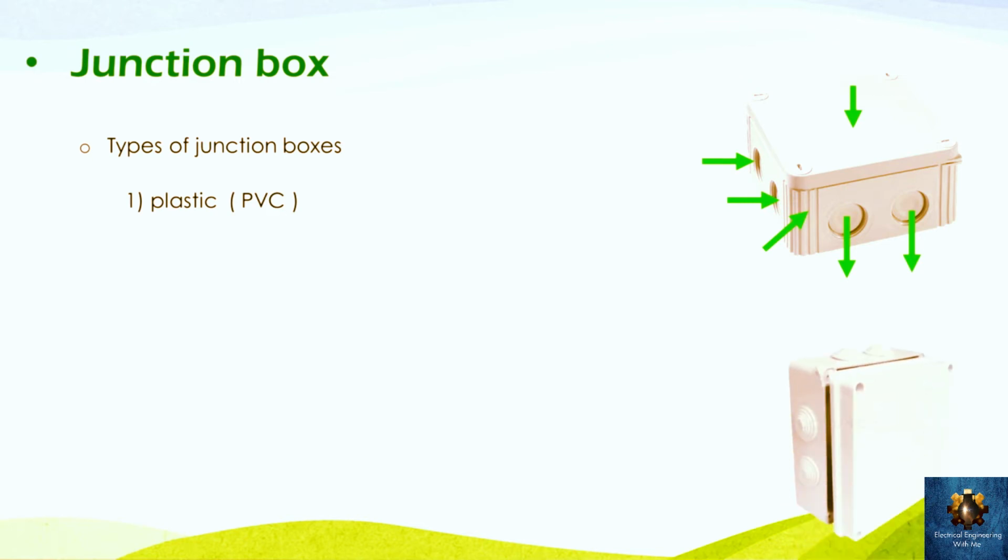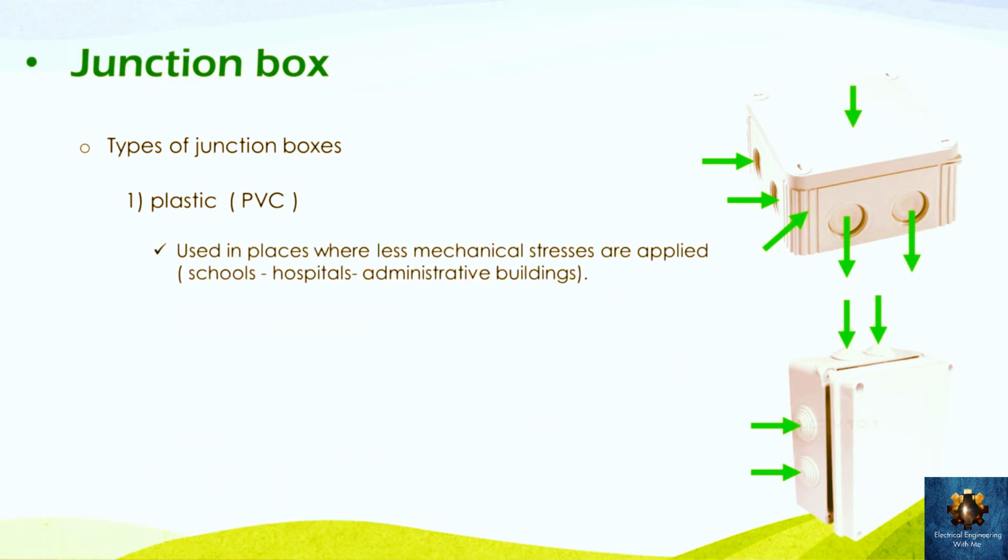Also, this is another shape of the plastic junction box. As you see, it has some holes for the cables entering it and for the cables leaving it. And this plastic junction box is used in places where there is less mechanical stresses, as the plastic material is not a strong one, so it will not withstand the higher mechanical stresses which may be applied to it, or it cannot withstand the high mechanical shocks from anybody that may hit it so it may be broken.